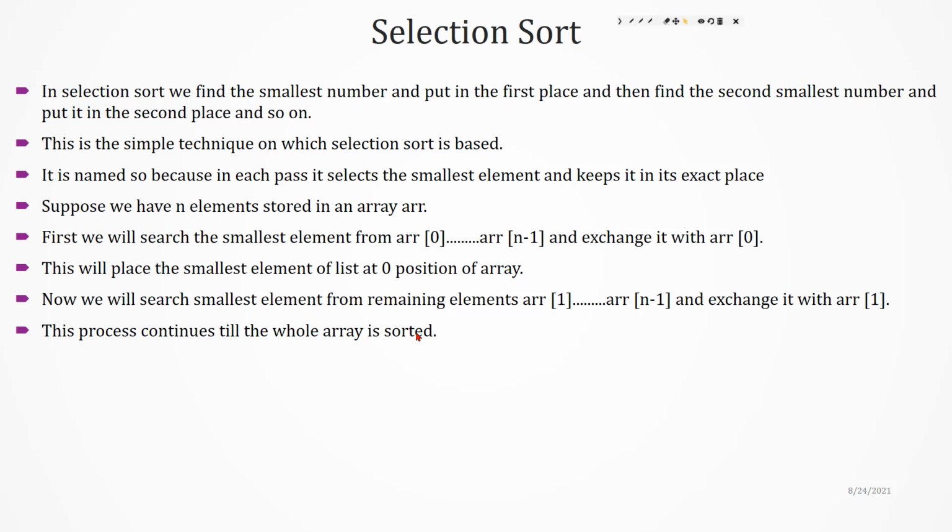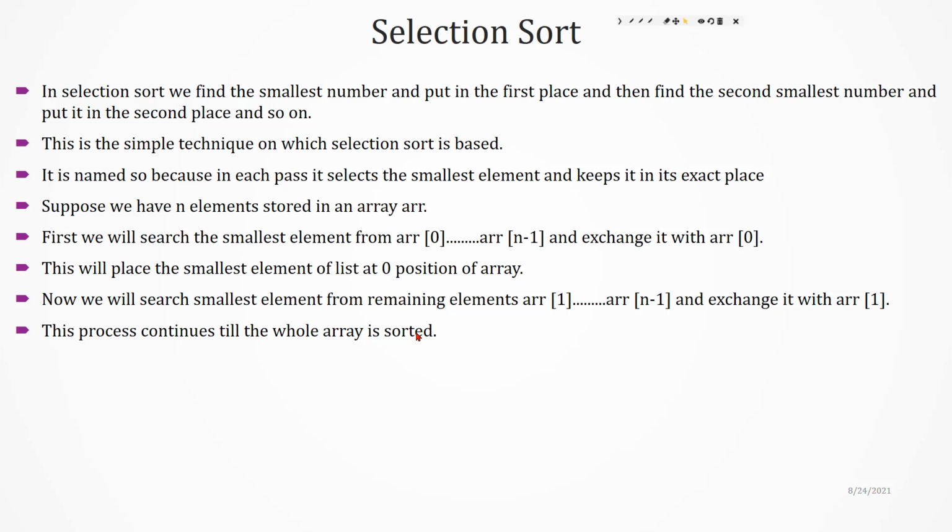So selection sort means first we will select the smallest element from the array and put it in the first position. Next, we will not consider the first position anymore. From the remaining positions, we will select the smallest element and put it in the second position.